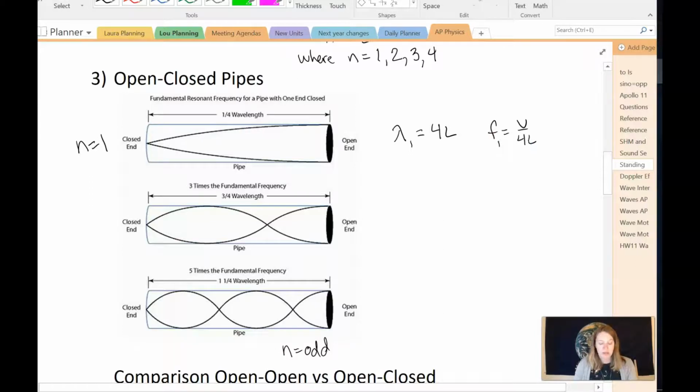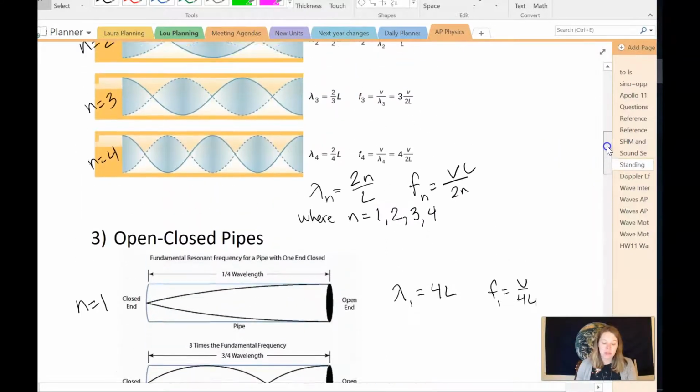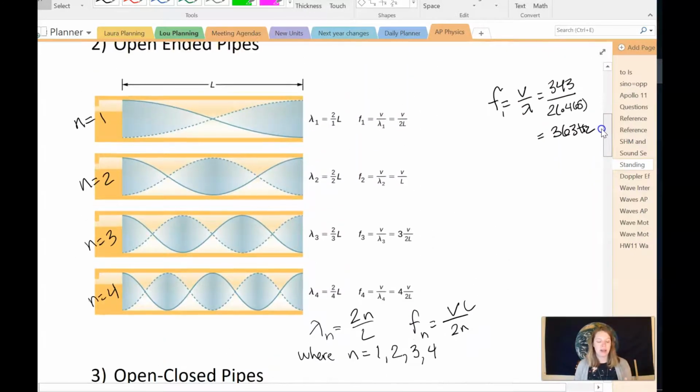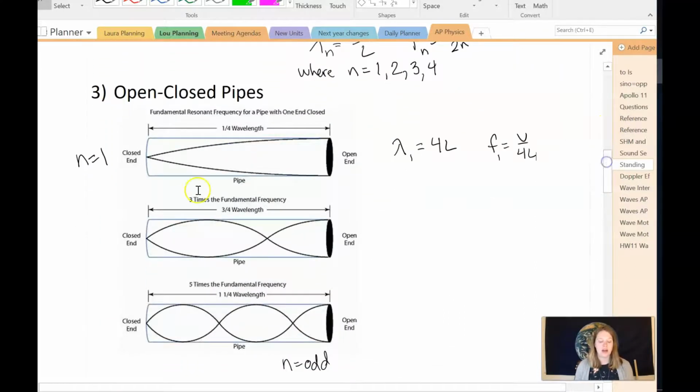And what's a little weird is, while before the harmonic number was the number of fundamentals that fit in the tube, like there's 2 half wavelengths in our second harmonic, if I had 2 of the fundamentals here, that can't actually be created when we have one open end and one closed end.